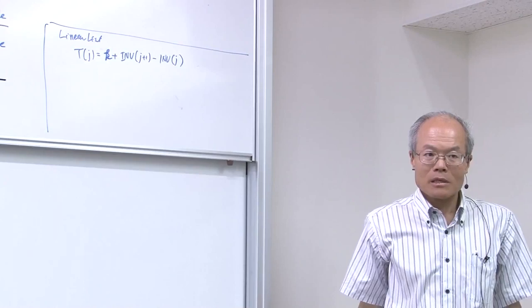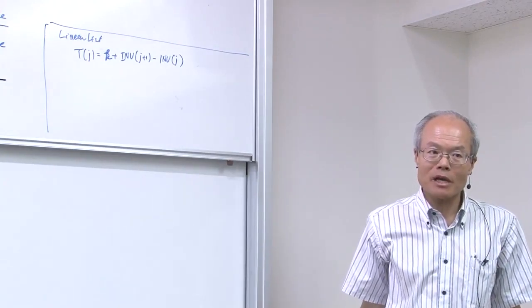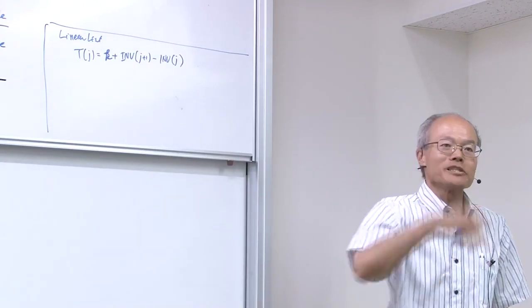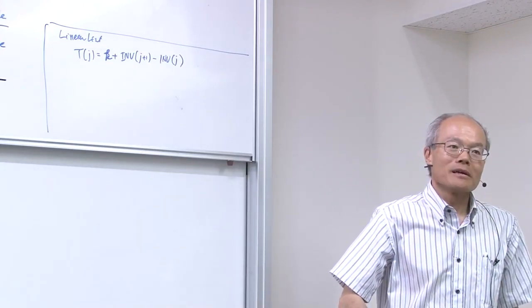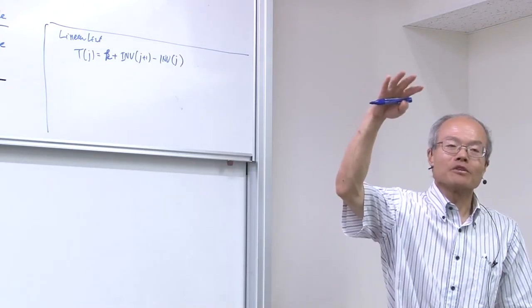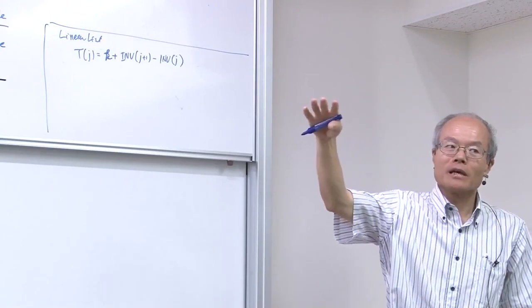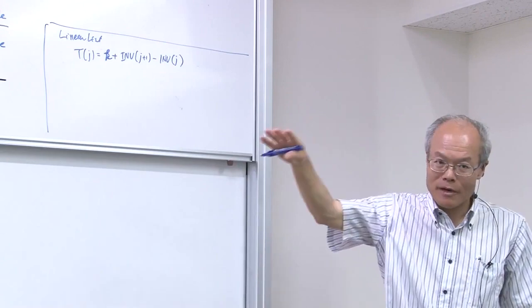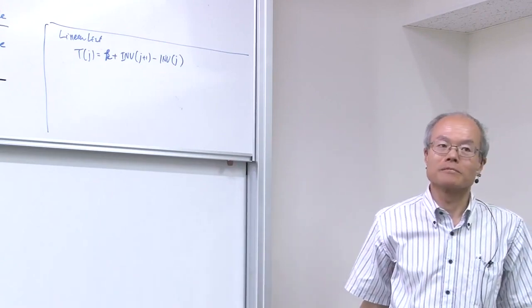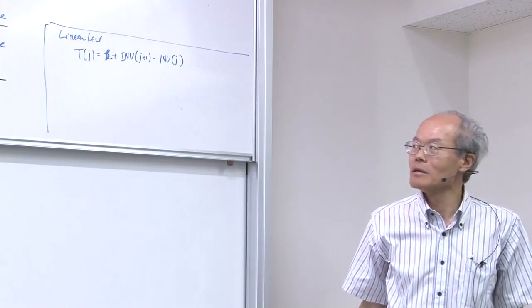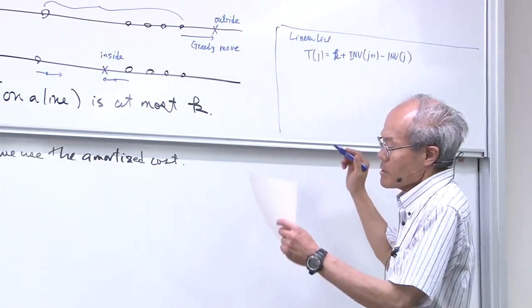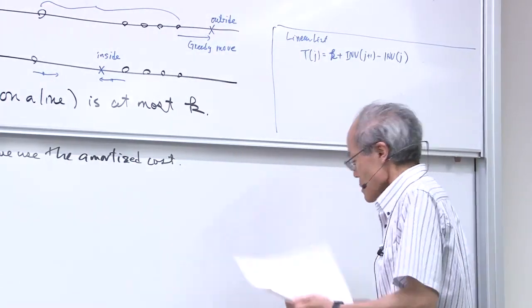So we need to come up with some kind of a parameter, some kind of a measure to show the difference between the optimal opt and the algorithm, with the same idea.